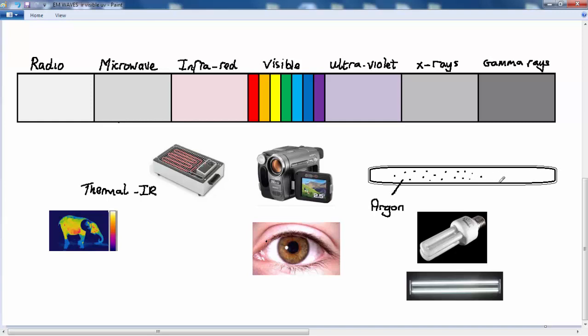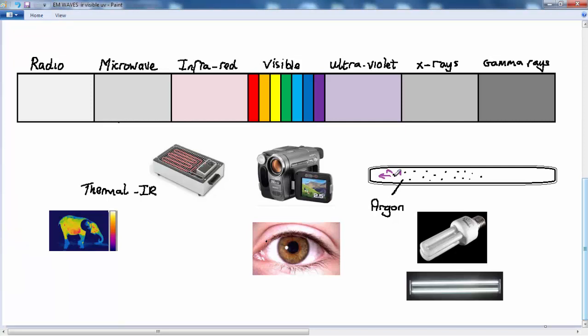We're going to fire electrons through this tube, and these electrons are going to collide with the atoms of argon gas. As a result of these high energy collisions, the argon atoms vibrate in such a way that they emit only ultraviolet light.